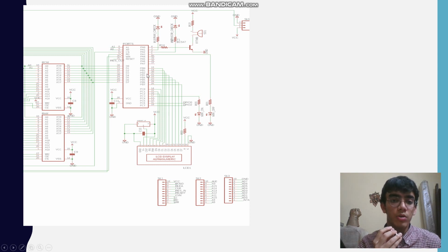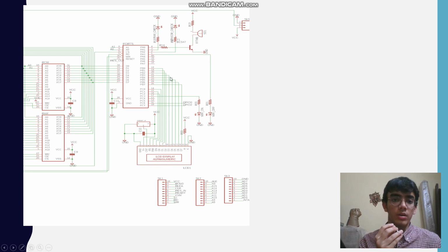The B output ports are connected to the LCD data lines, and the C0, C1, and C2 lines are connected to the enable, read and write, and the reset lines of the LCD screen.